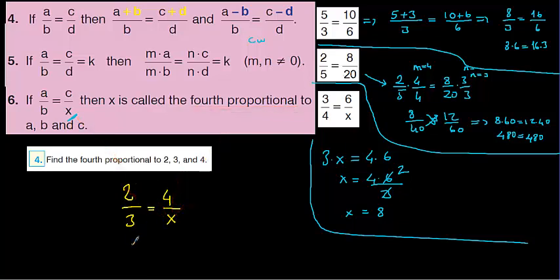To answer this question, we use cross multiplication. 2 times x is equal to 3 times 4, so x is equal to 3 times 4 over 2. If you simplify 4 and 2, 2 goes here and 1 here. 3 times 2 is equal to 6, which means x is equal to 6.